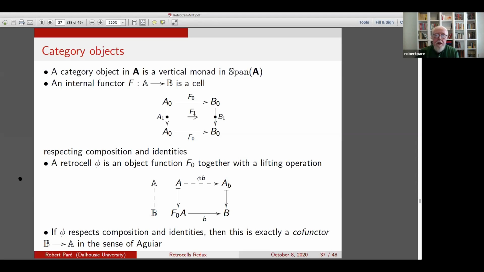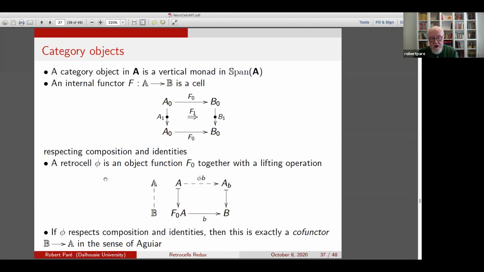So here we have an internal functor now. So here I have a monad, and I'm calling it A0. So it's a monad in span. So it's a span. Okay, so it has two objects, but they're the same, and then it has a span A1, which is like this, and then a cell is a functor. Okay, and if it preserves composition and identities, then you've got an internal functor.